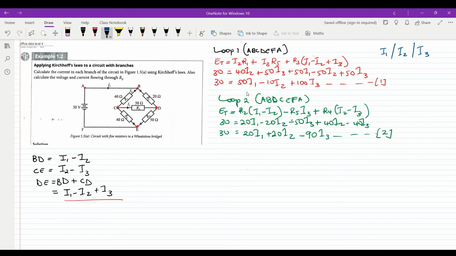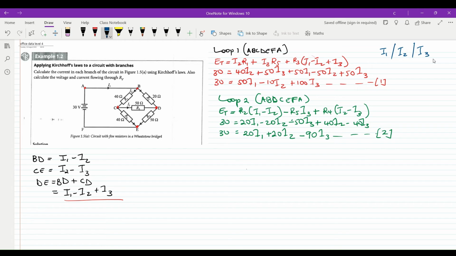Equation 1 has I1, I2, and I3. Equation 2 has I1, I2, and I3. But the third equation must only remain with 2 variables. It can either be I1, I2, or I1, I3, or I2, I3. This will assist us, and we're going to use it as a hint to continue with our calculations.